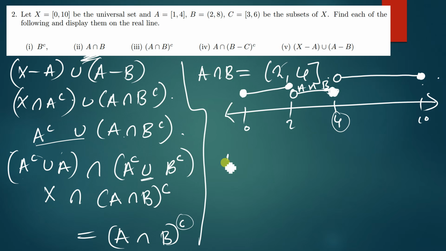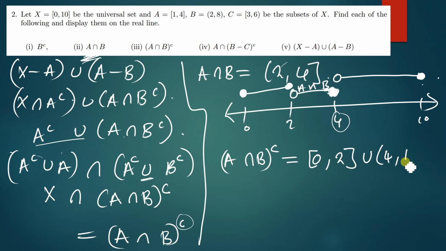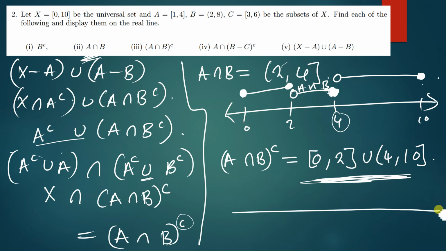So our A intersection B complement is therefore going to be equal to, from 0, it's closed at 0, up to 2, it's also closed there. Then we say union, it's open at 4, and then closed at 10. So this is the solution for A intersection B complement, and we can write this on the real line as follows. You have to copy all the numbers.